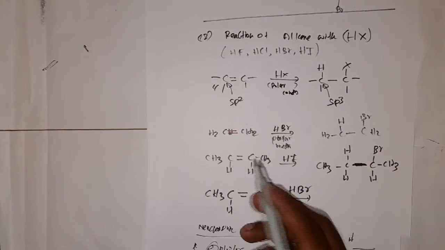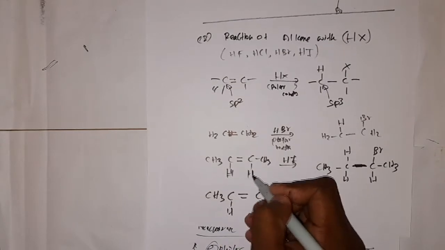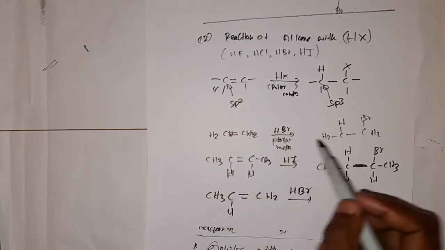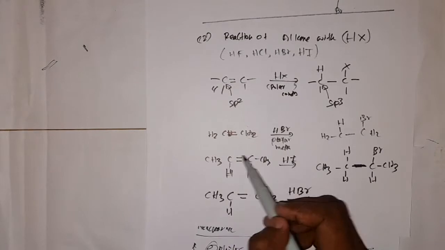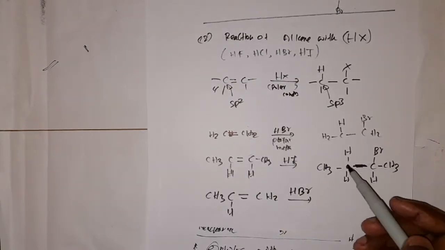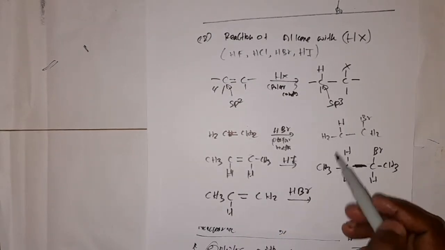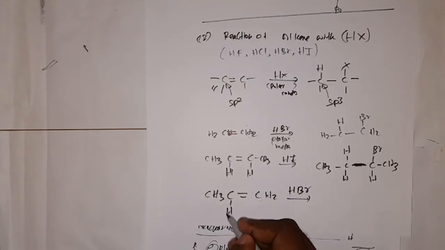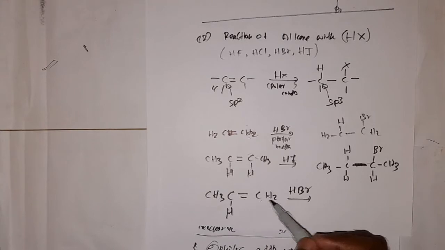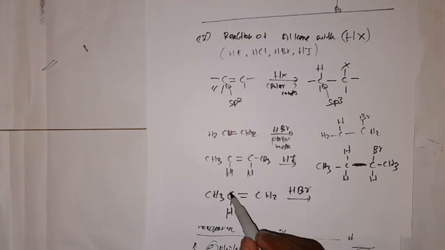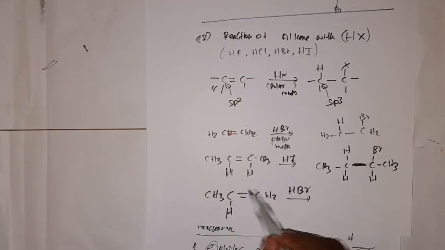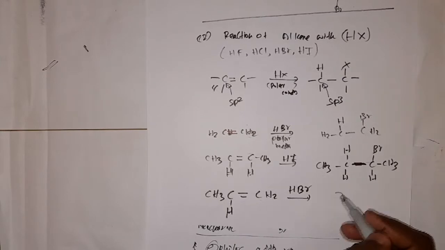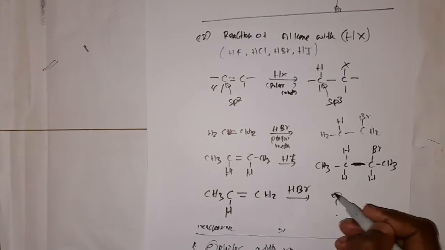In the previous ones there was no problem, with an equal number of hydrogens on the 2 carbons, so the hydrogen addition to either one was fine. But here there are 2 hydrogens on this carbon, and here only 1 hydrogen. Then you have to think about which point we add hydrogen to. Okay, so you can't write the result for this one now.